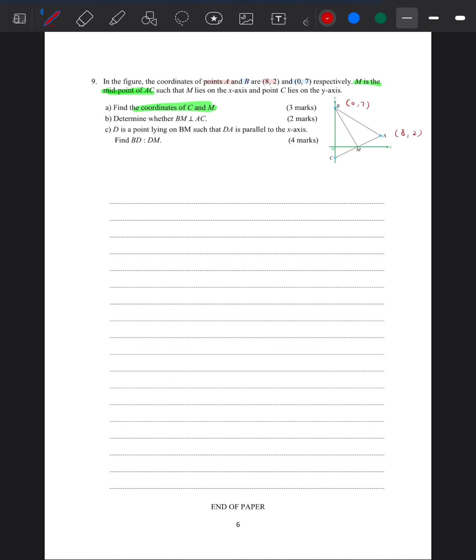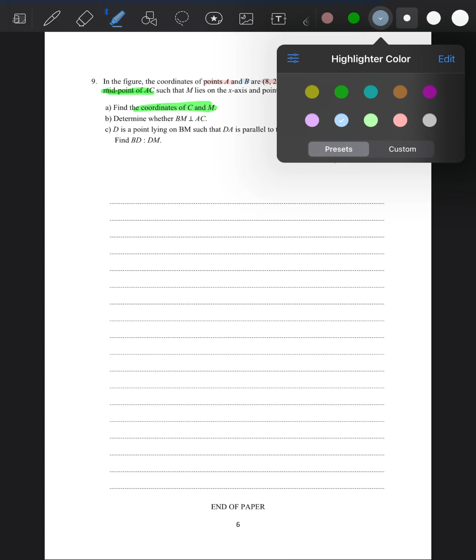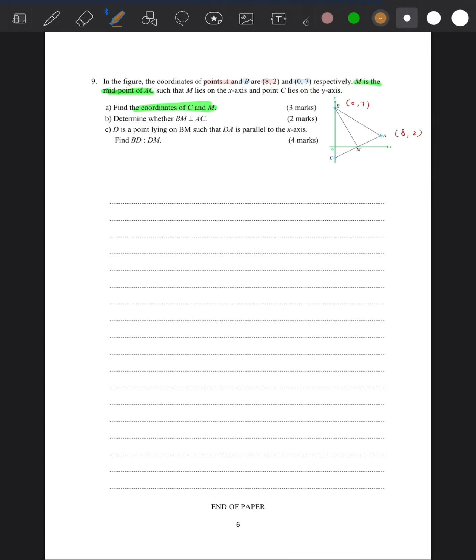So we don't have coordinate of C and M because it's not given. But if you look at it, you either look at the wordings, or if not, you look at your graph, you can see that M and C. M is lying on the x-axis and C is lying on the y-axis. So therefore, you know something about them as well.